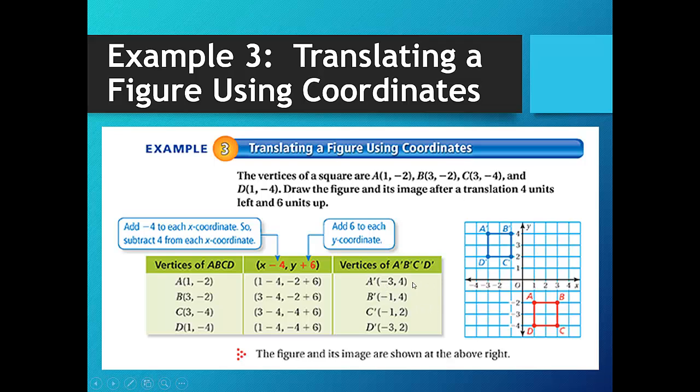So A prime is located at (-3, 4). B prime is at (-1, 4). C prime is at (-1, 2). And D prime is at (-3, 2). The figure and its image are shown at the above right. So the red was the figure, and the blue was the image.